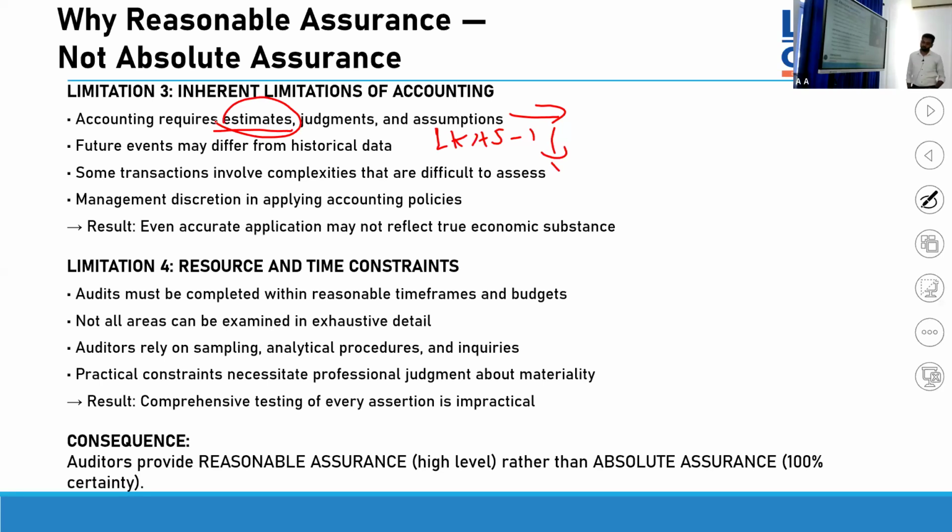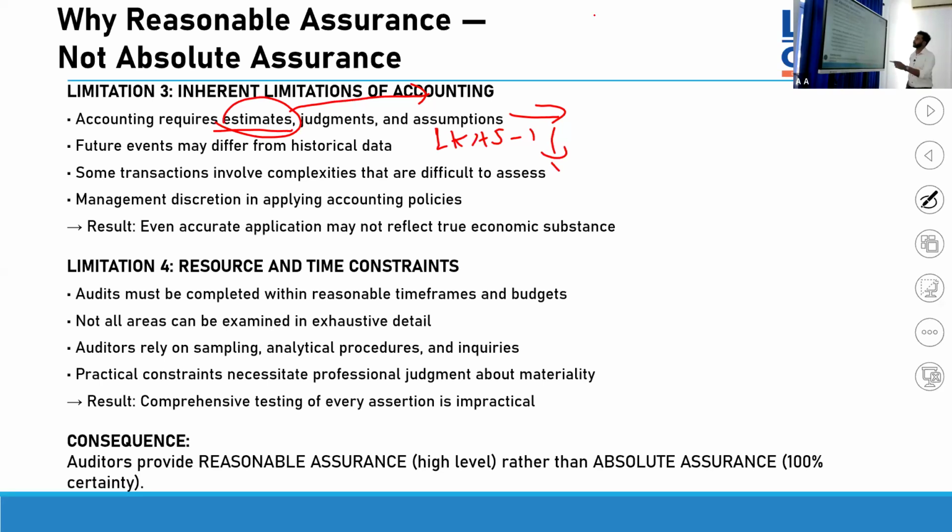So at the time of determining the useful life of an asset also we use our estimate, right? So we can't ensure the accuracy of these estimates. We just assume we can use it up to 5 years or 10 years, but those are uncertain, right? So those are the inherent limitations in accounting which prevent us from providing a reasonable assurance. Is that clear?